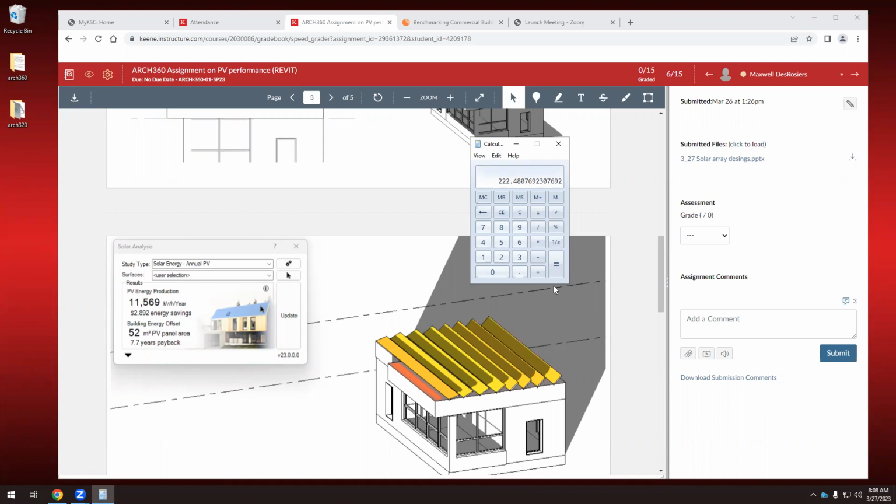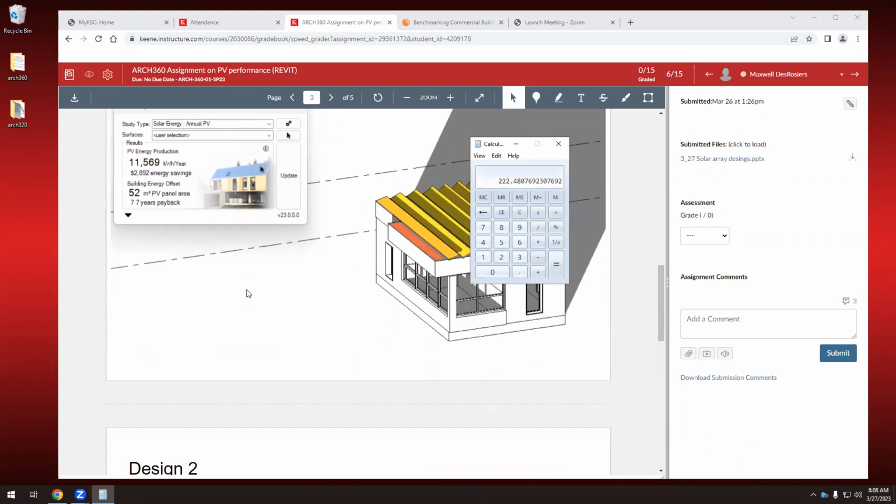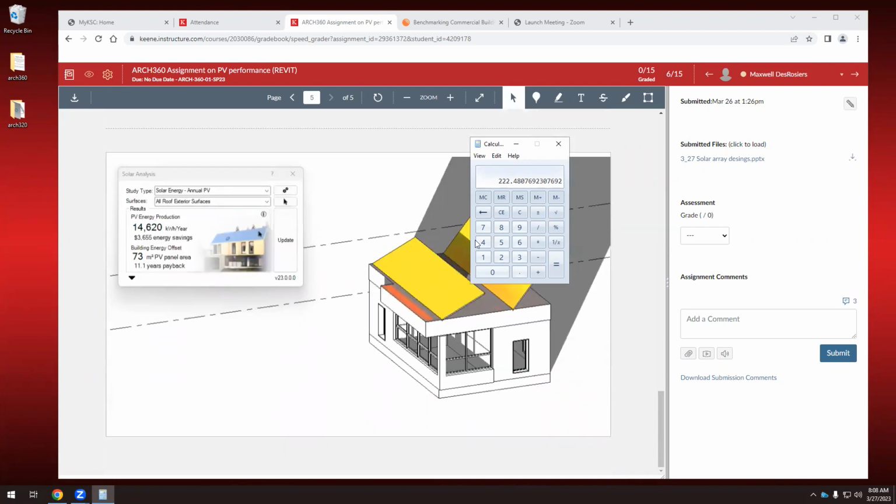So this is the unit of area per year. So now let's look at the second solution. The second solution is 14,620 divided by 73, and this is 200 kilowatt hour per square meter and year.